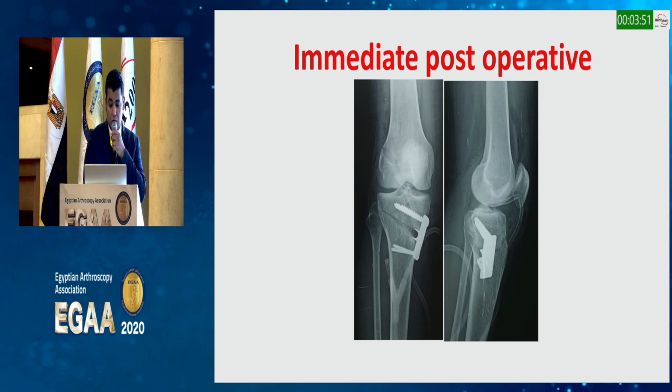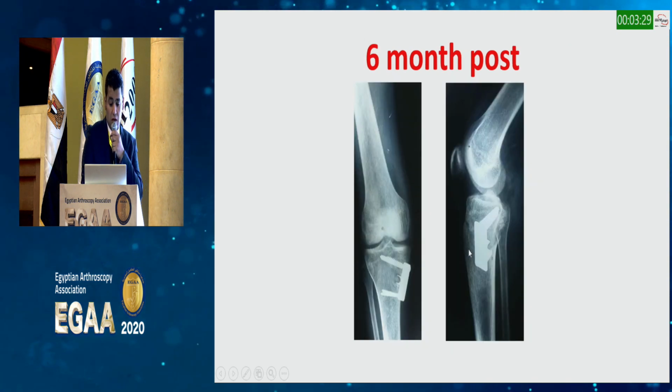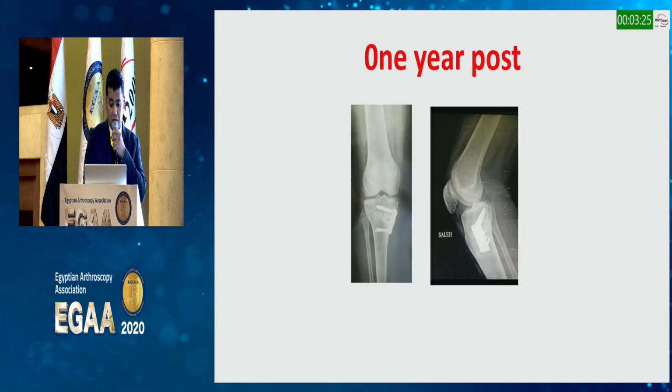This is the immediate post-operative view showing the site of the deformity and the site of the graft. Try to put the plate posteriorly. This is another point, also to avoid loss of the posterior tibial slope or increasing it. This view is after 6 months, and this is after 1 year.